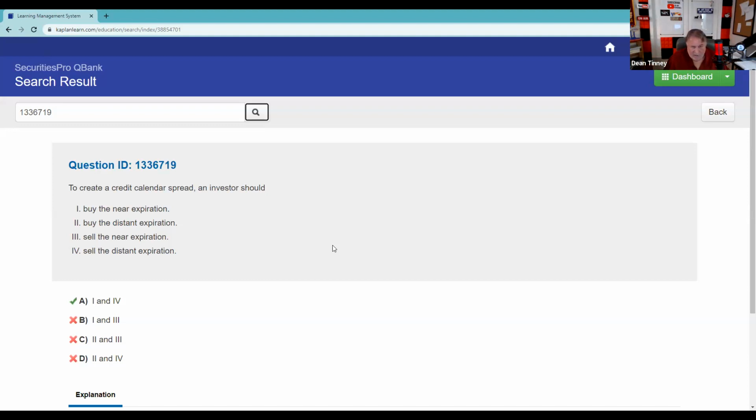The second thing you've got to know about missing premiums is that lower strike call contracts always have greater premiums. The third thing is that higher strike put contracts always have greater premiums. Now, if longer term option contracts have a greater premium, I'm going to have to sell the distant expiration to have more money in than out. So I'm going to buy the near expiration and sell the distant expiration.